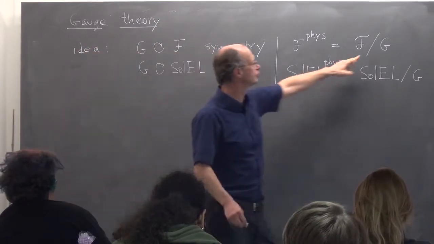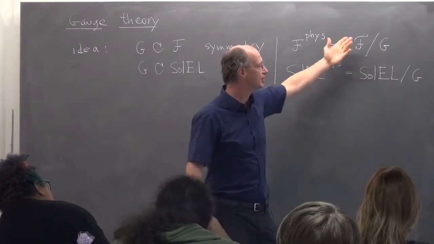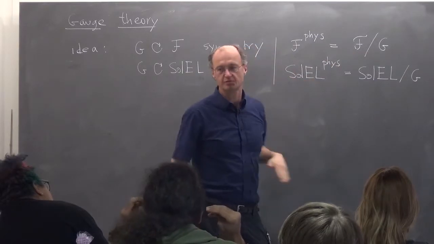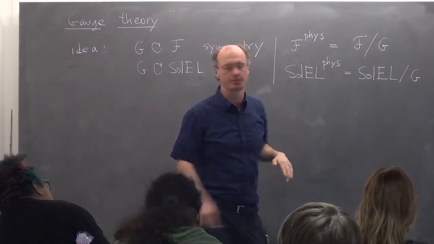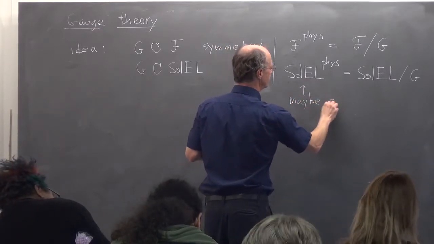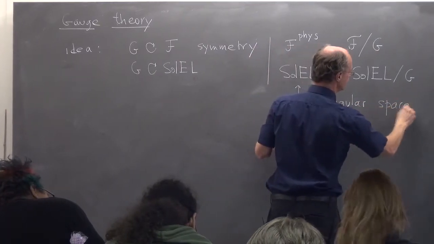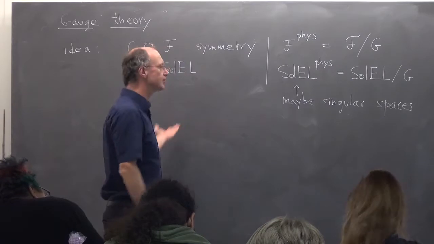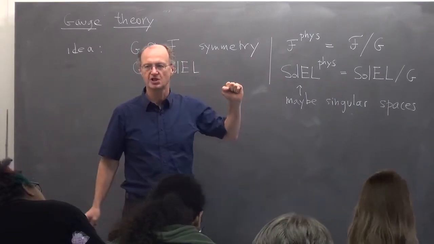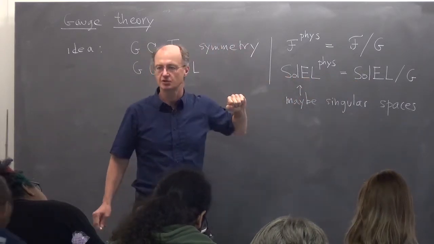But here we want to divide those vector spaces by group action. Potentially this is a dangerous procedure. The resulting spaces are typically not very nice spaces. They may be singular spaces, and this is one of the difficulties, but also one of the applications of gauge theory. You can say gauge theory is a kind of instrument to study singular spaces.